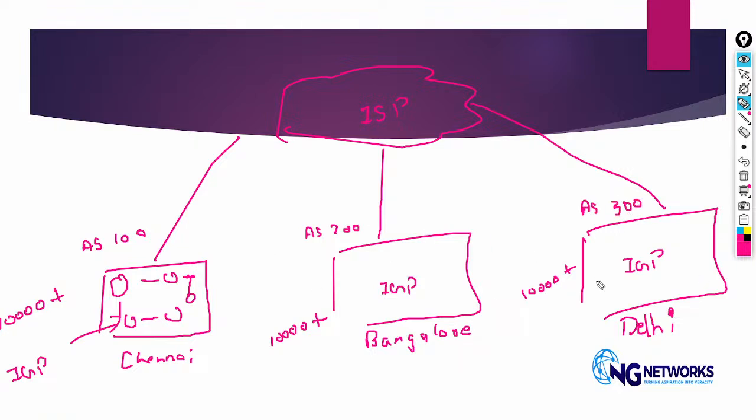Then when these three different autonomous systems communicate with each other, they require another routing protocol, that is an EGP, Exterior Gateway Protocol. IGP stands for Interior Gateway Protocol, which works within the same location or the same autonomous system. And EGP is used when two or more autonomous systems are communicating with each other.